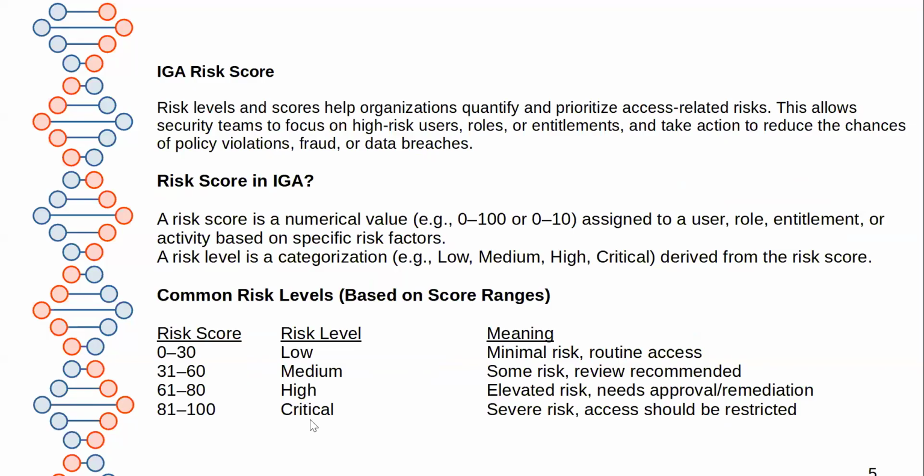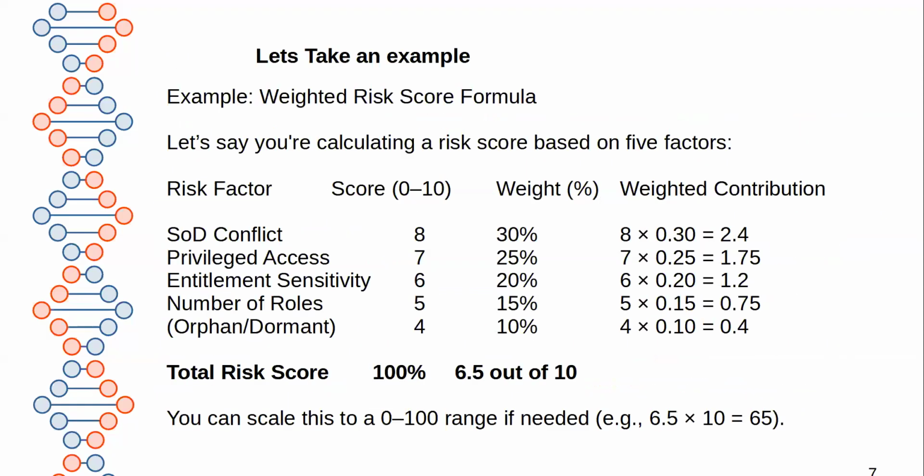According to that, you can work upon finding the IGA risk score and assign this IGA risk score along with the SOD policies, apply it on the users, and based on that, your show can be executed. I hope it is clear.